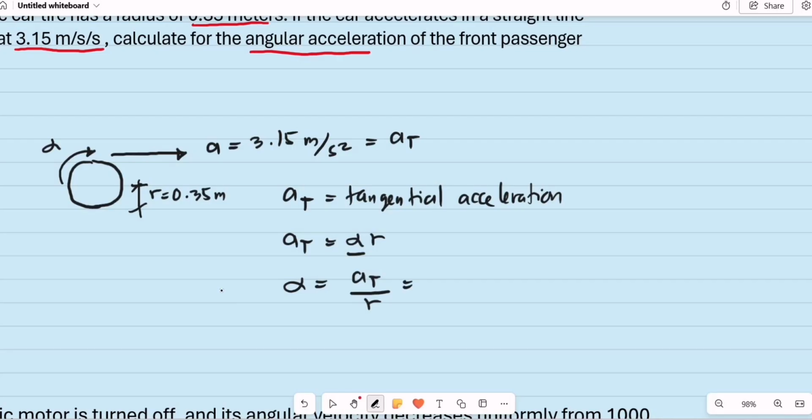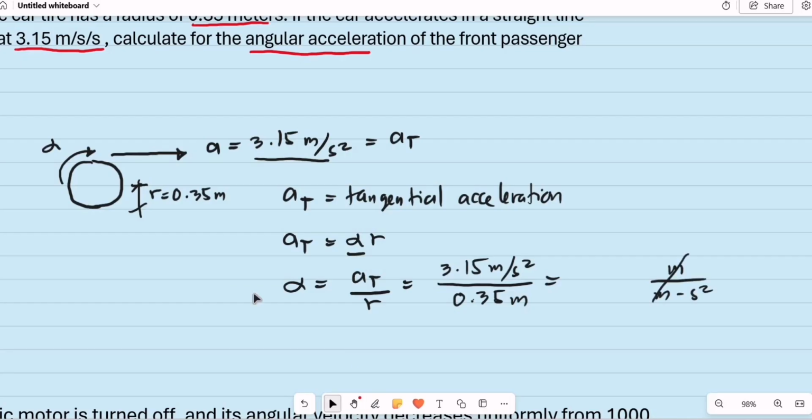What is our linear acceleration or the tangential acceleration? This is 3.15 meters per second squared, to be divided by the radius, 0.35 meter. If we observe the units, this is meter per meter second squared.